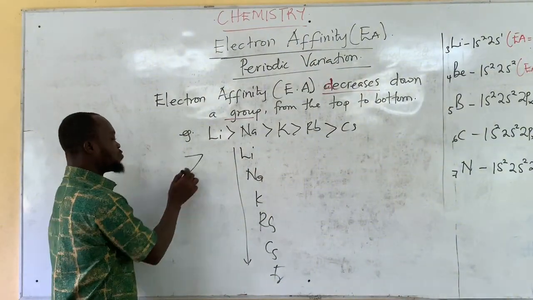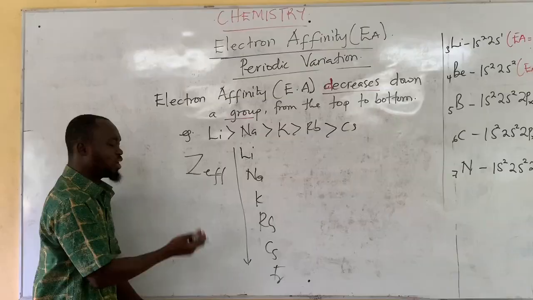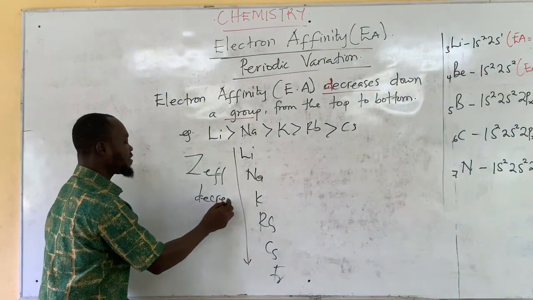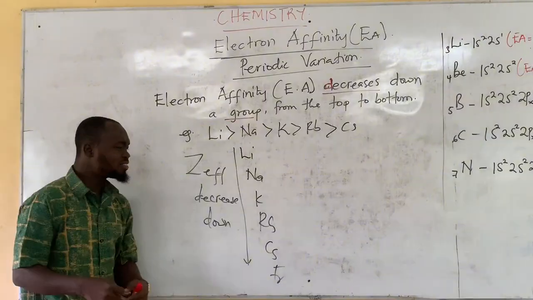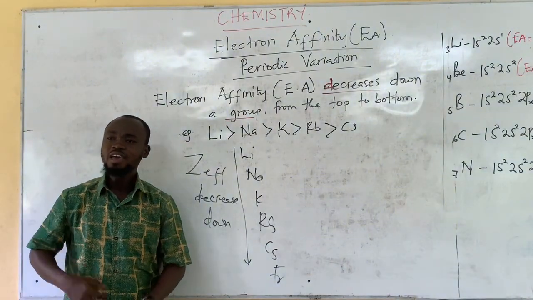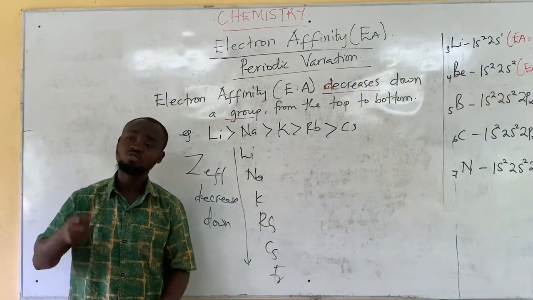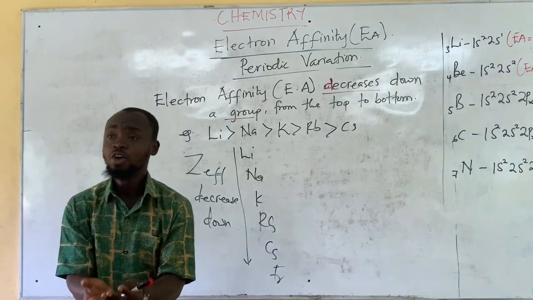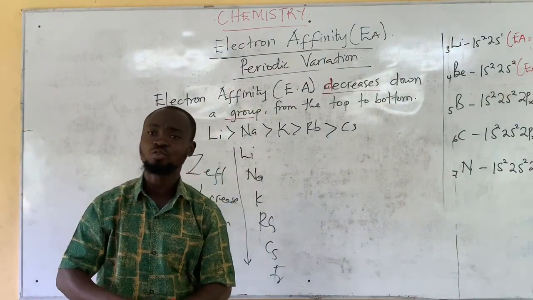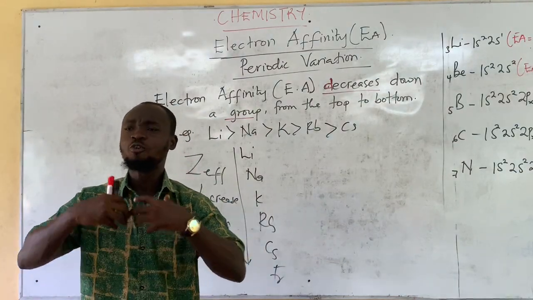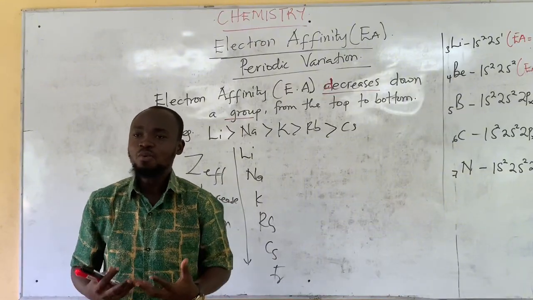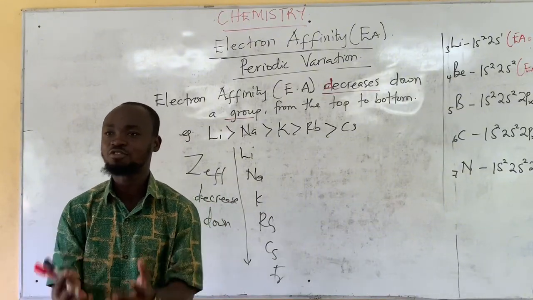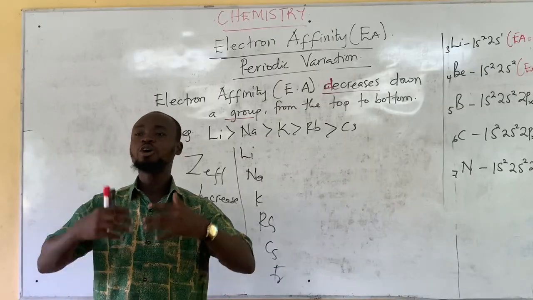Is that okay? So Zeff, that is effective nuclear attraction, decreases down the group. And the moment it is decreasing down the group, it means its influence in electron attraction is very low. So once I add an additional electron, it can be accommodated well in the outermost shell, because the one responsible for resisting that electron is very low or nowhere to be found.